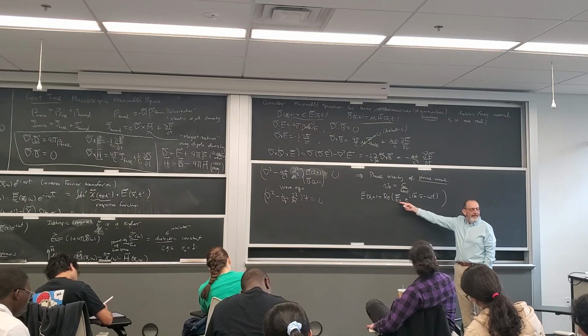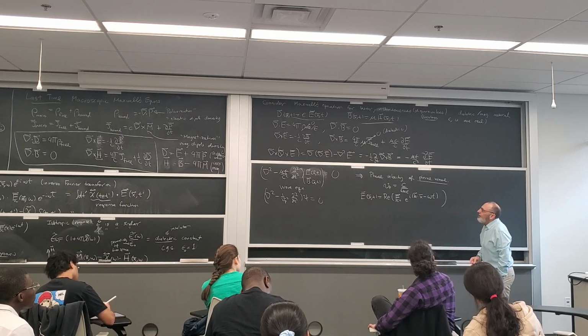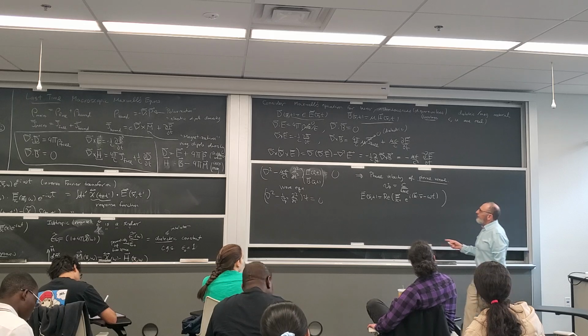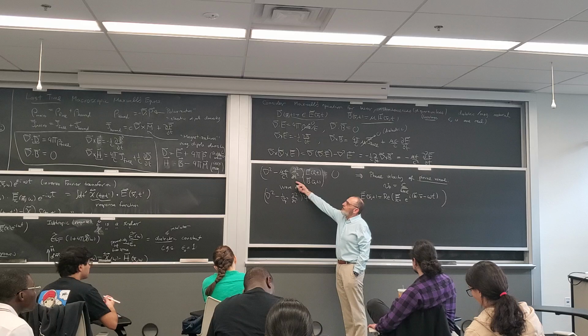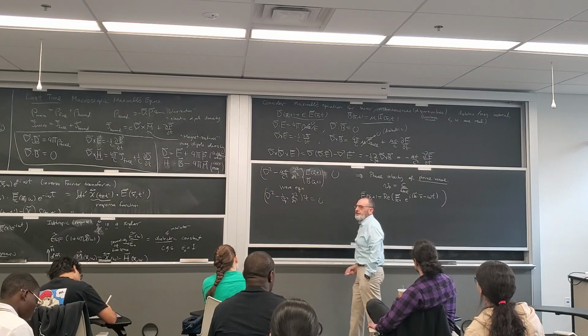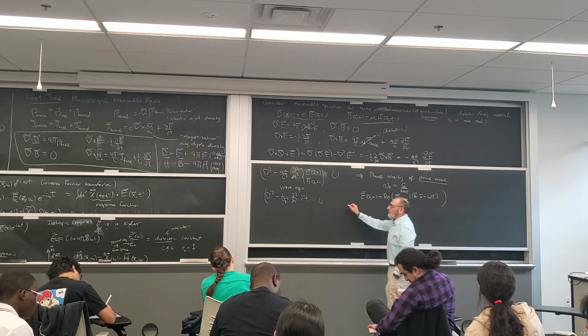It might be linearly polarized, it might be circularly polarized, right? And so if I take this and plug it into the wave equation that we derived from Maxwell's equations, we can get a dispersion relation.